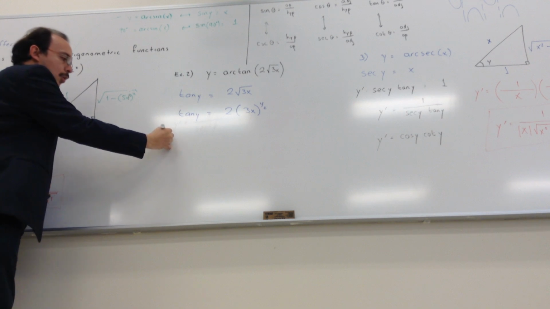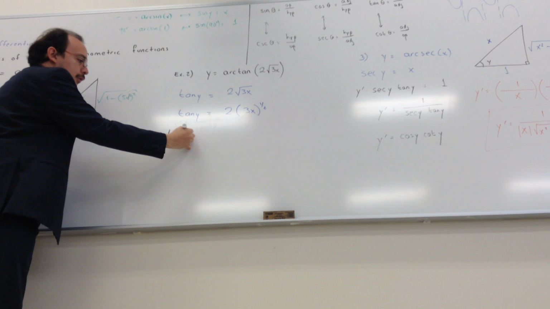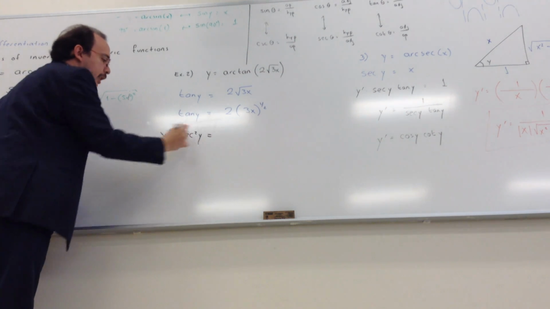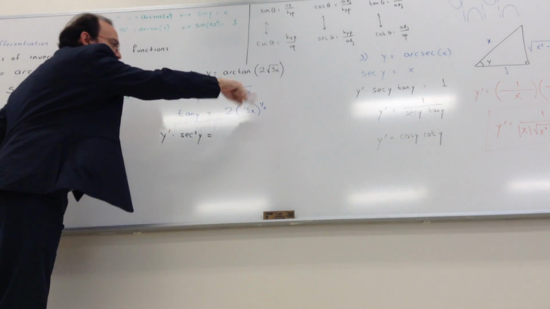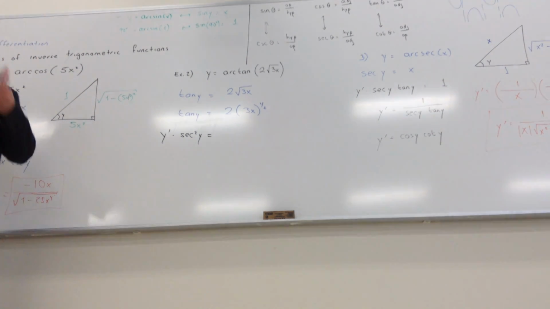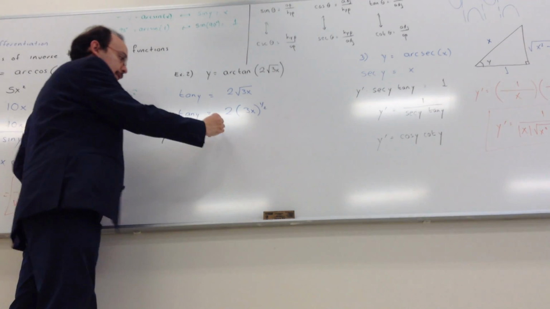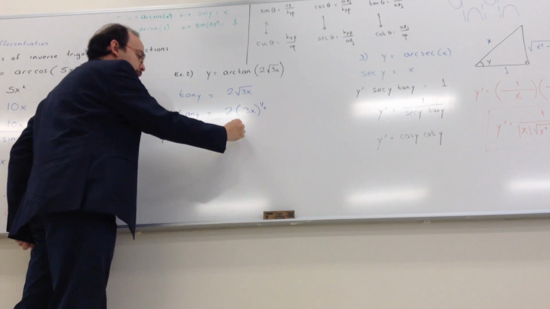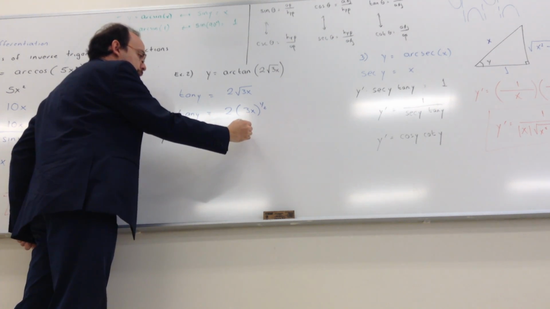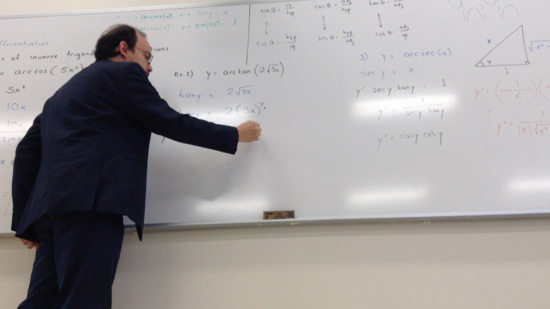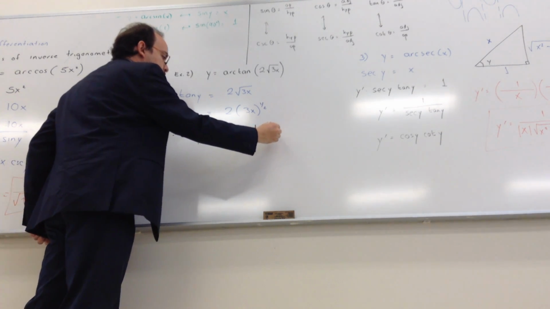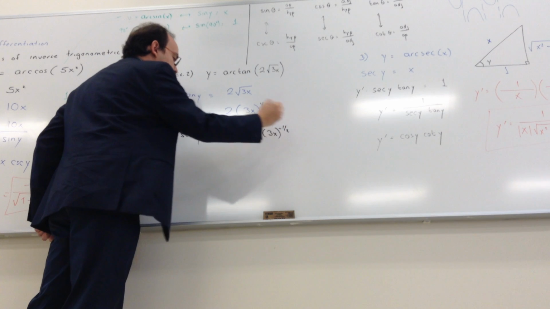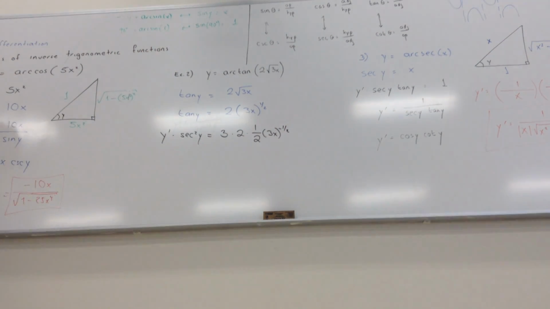Y prime times secant square of y equal to derivative: 3 times 1 over 2, 3x... no, it's 1. The 2 cancels, and what remains is 3, then 3x to the minus 1/2.